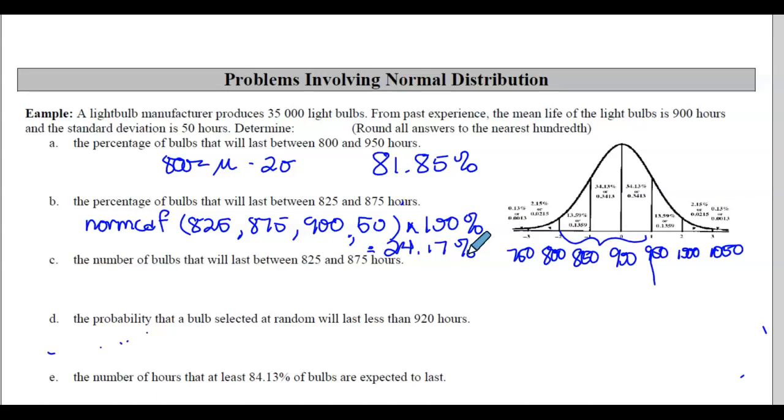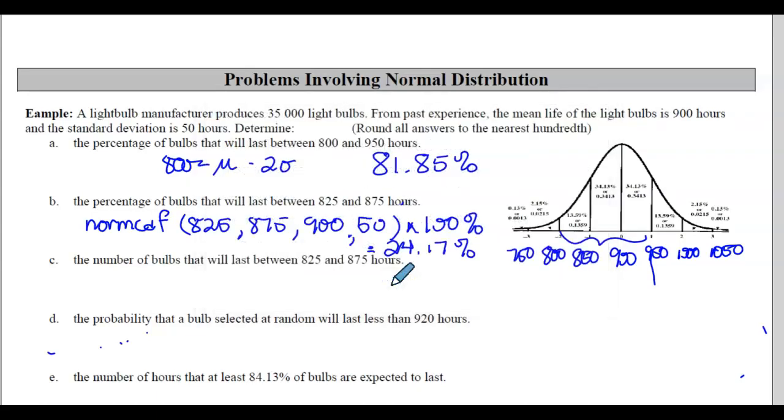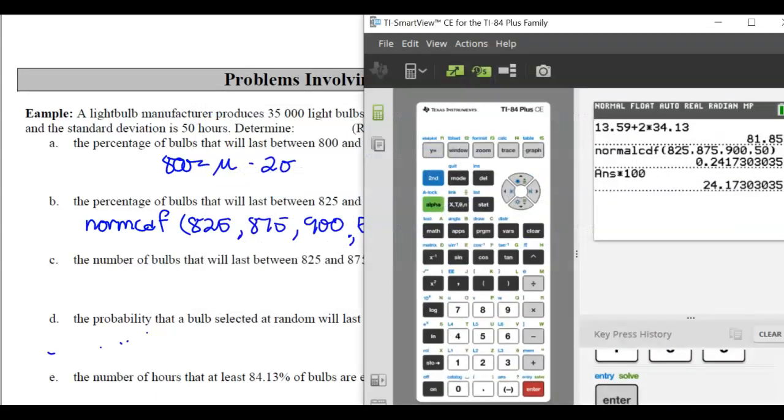So then the number of light bulbs that will last between that, you have the answer in your calculator. You know how many were produced. So you take that and multiply by 35,000. So I need to go back to the decimal form, not a percent, and multiply by 35,000.